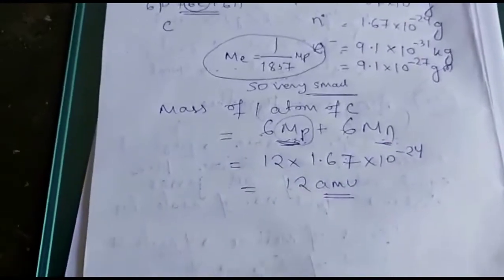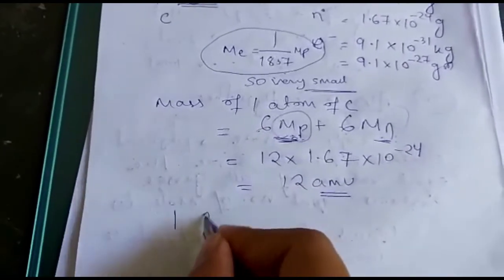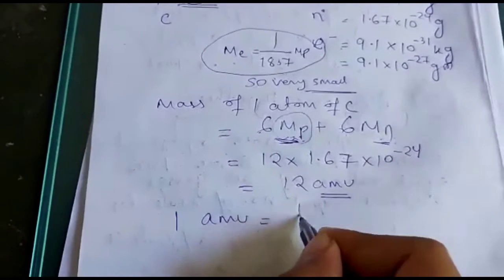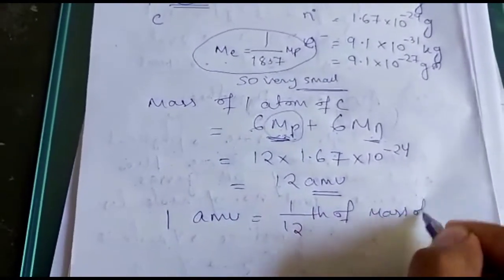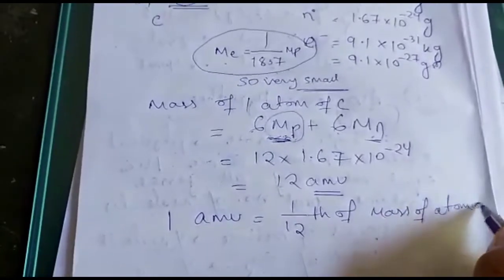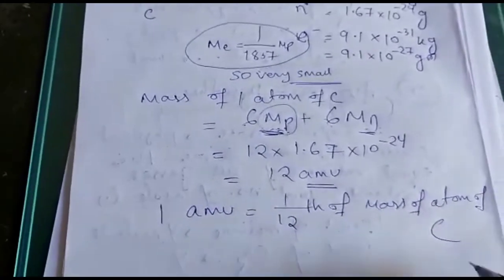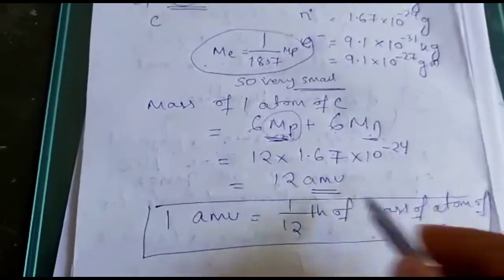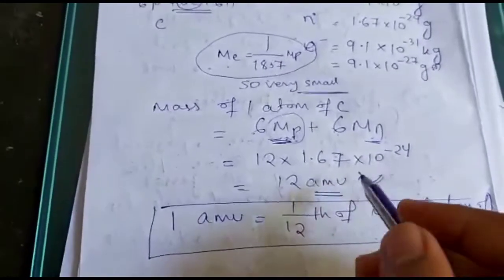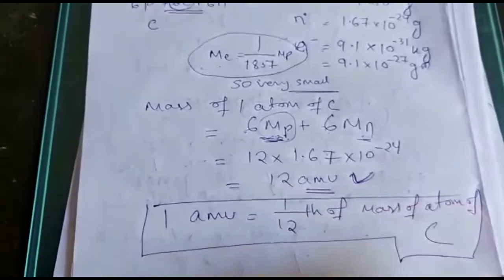So we write 1 atomic mass unit is 1 by 12th of the mass of an atom of carbon. It is 1 atomic mass unit. Why? Because it is 12 atomic mass units in the case of carbon.